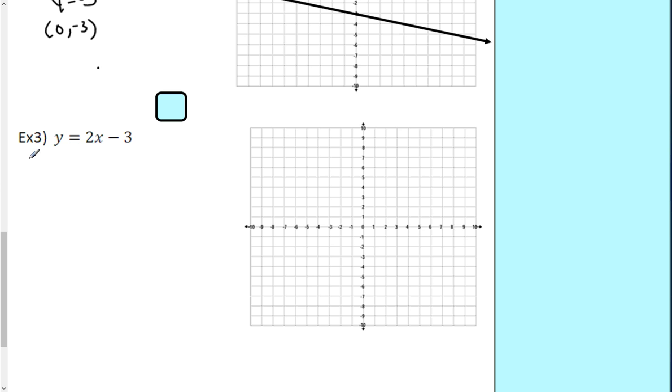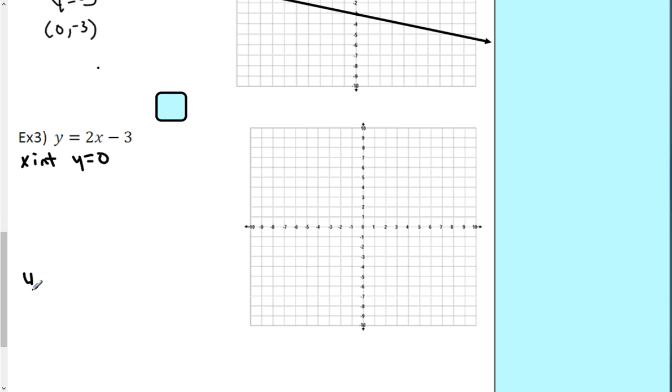All right? So to find the x-intercept, you make y equal to 0.